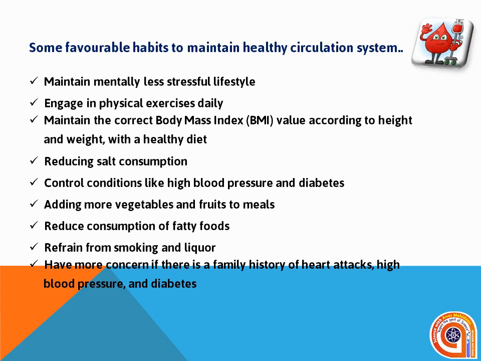Have more concern if there is a family history of heart attacks, high blood pressure or diabetes. If there are any such historical medical issues, we have to consult a doctor and get a record of our body condition too. And these are some favorable habits that we should have to maintain a healthy circulatory system.